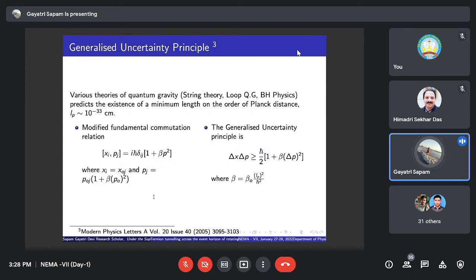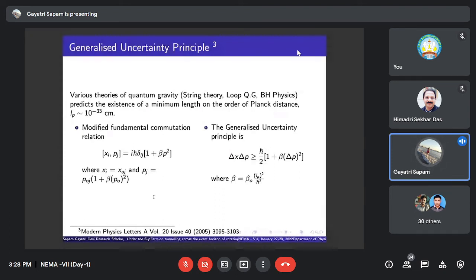Here we incorporate the idea of quantum gravity, and I'll just give you a short idea of it because it's a very huge subject. It is a consequence of trying to unify quantum mechanics and general relativity, and it tries to describe gravity according to the principles of quantum mechanics.